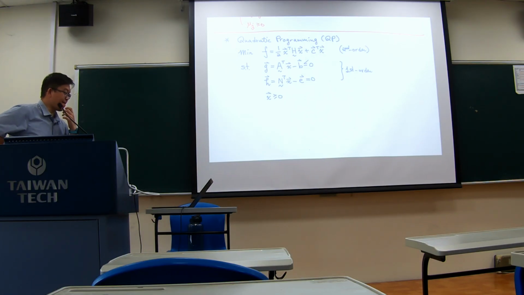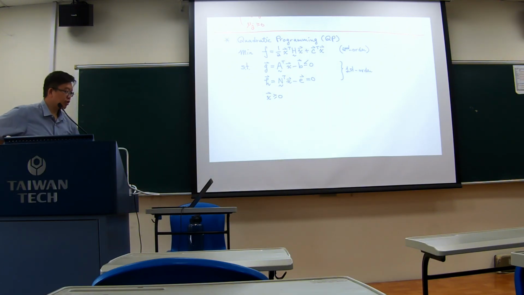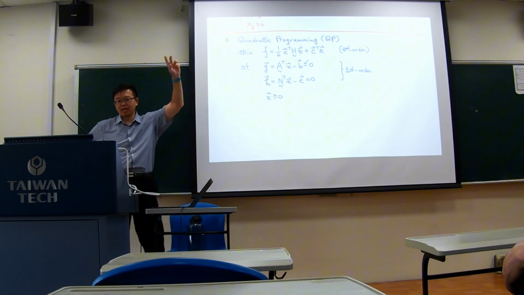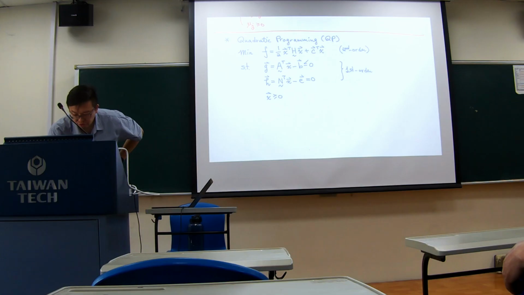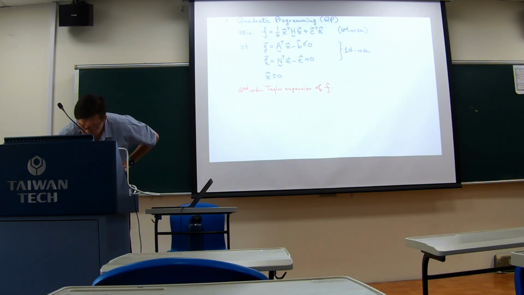Now, how come the first equation looks like that? It's based on second order Taylor expansion. So I can show you the second order Taylor expansion of F looks like this.